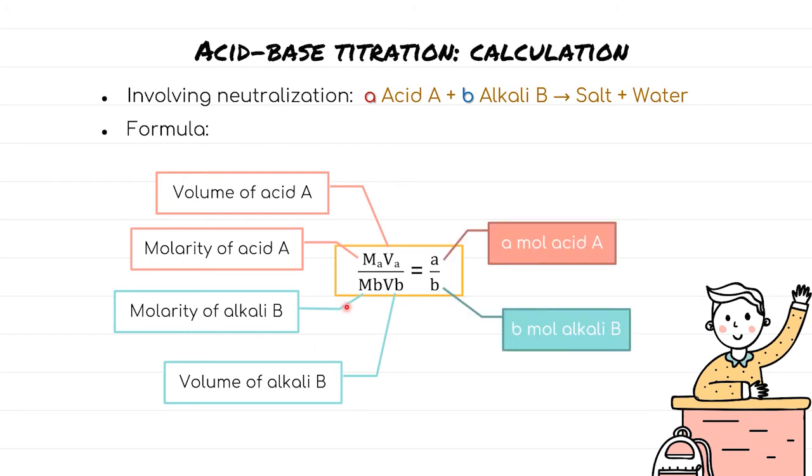MA is the molarity of acid A, VA is the volume of acid A, MB is the molarity of alkali B, and VB is the volume of alkali B. The a represents the mole of acid A, and b represents the mole of alkali B. When doing the calculation for titration, make sure the chemical equation is balanced properly.